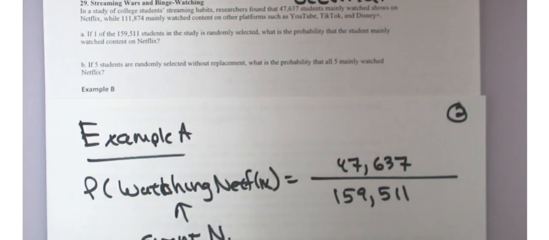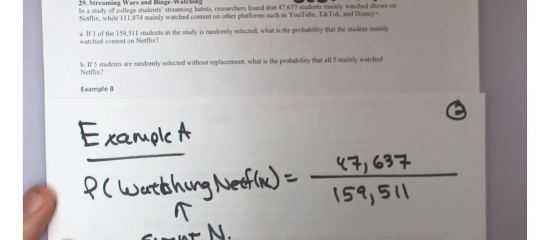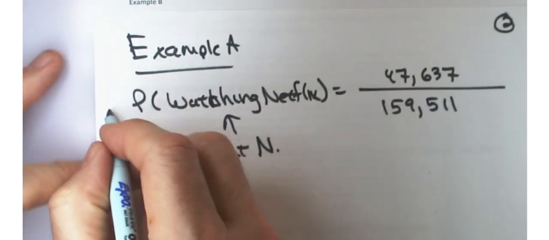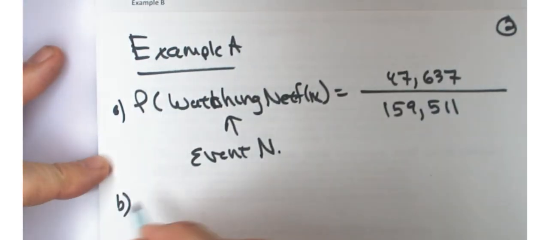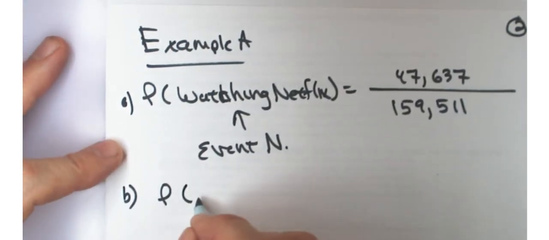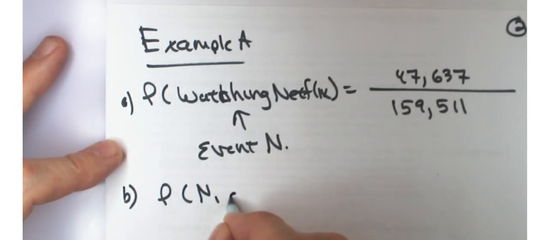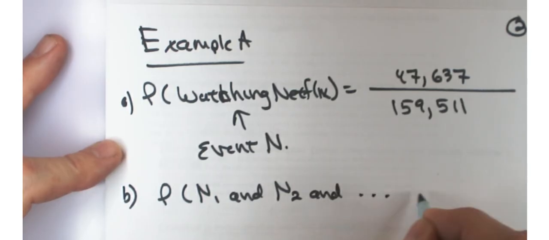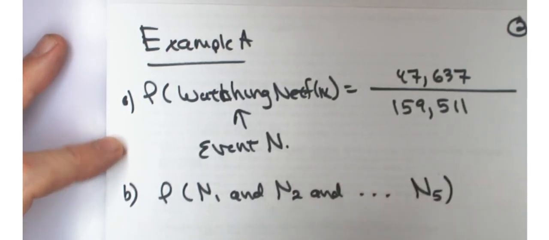Thank you. So if we're getting dependent events, and don't copy this down, please. Part B here is going to ask us for the probability that the first student watches Netflix and the second student watches Netflix, and all the way down to the 5th student watches Netflix.